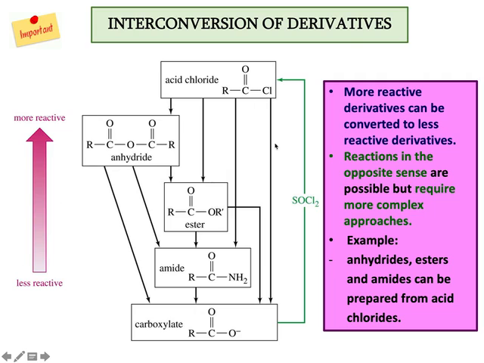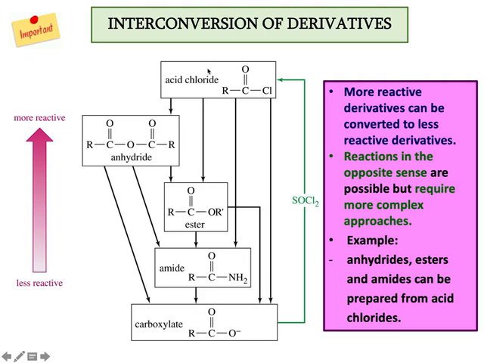Here is a summary for the interconversion of derivatives. Carboxylic acid is less reactive, but acid chloride is more reactive. A more reactive derivative can be converted to a less reactive derivative.